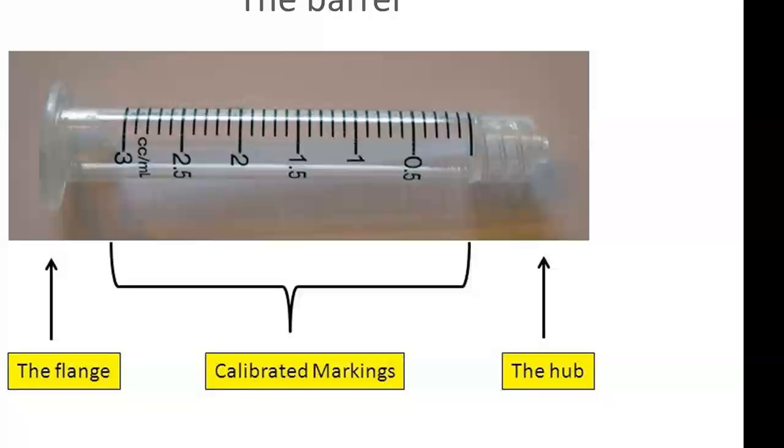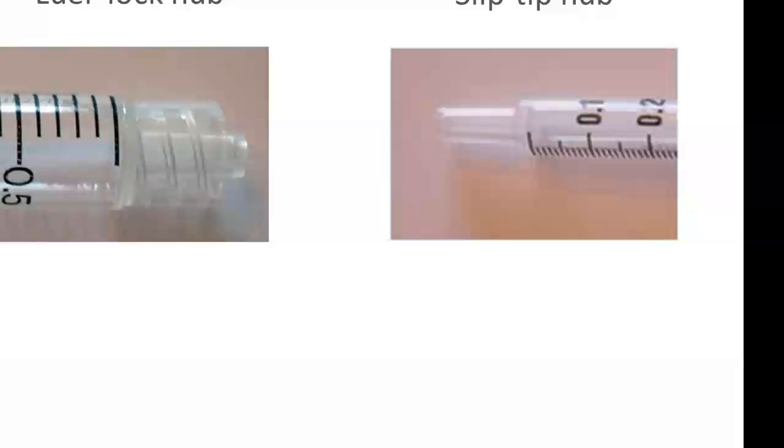You can see where 1 milliliter is, where 2 milliliters is, and where 3 milliliters is, and I'm pointing to those with the little mouse right here. Then this at the top is what we call the hub. This is a Luer lock, and this is just a slip-tip hub. It just depends on the type of syringe you use. And the Luer lock kind of locks into your needle.